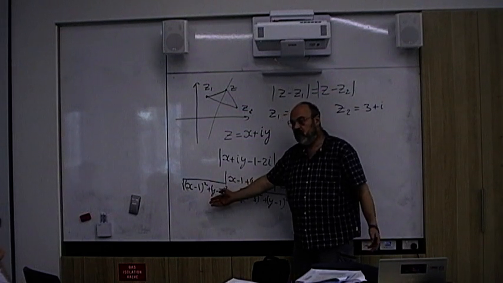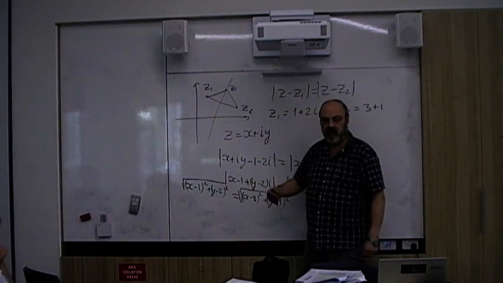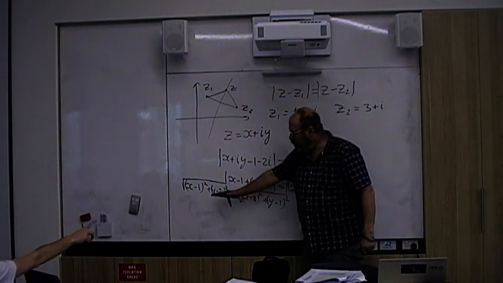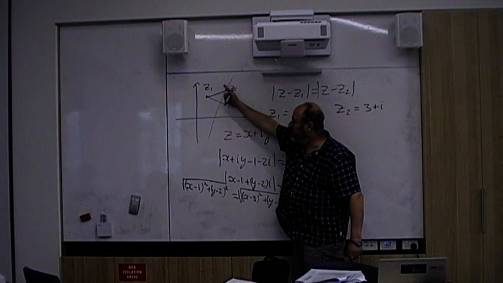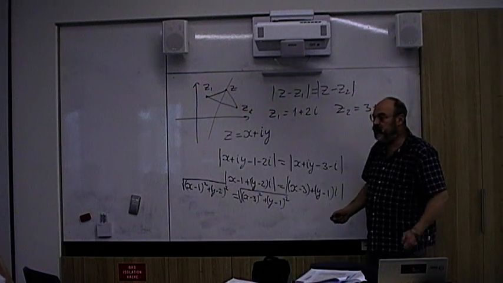Remember the distance formula? The square root of y2 minus y1 squared plus x2 minus x1 squared. This is the distance from point xy to z1. This is to z2. And they must be equal.